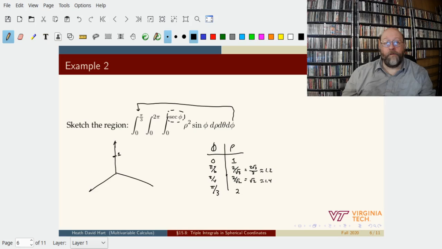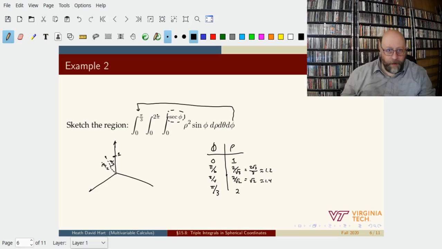Then as phi increases to pi over 6, the radius increases to 1.2. So we travel a little bit further along this direction, but we end up at exactly the same z height as we did before. That is, this distance is longer than this distance, but it ends up at exactly the same z height as it did before.